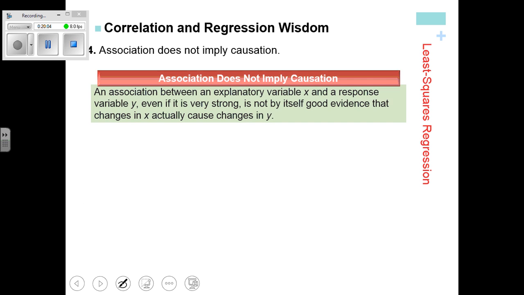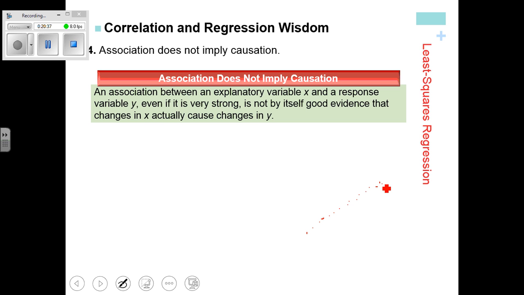Last thing, remember, association does not imply causation. We also say a lot with this that correlation does not imply causation. We used the example in class about the amount of rum sold in New England states versus the number of Protestant or Methodist ministers, and how that was such a strong, linear, almost perfect relationship, with an R of one rather, between the two.